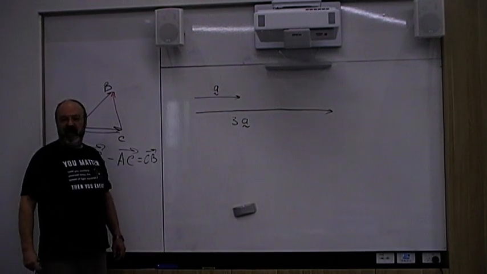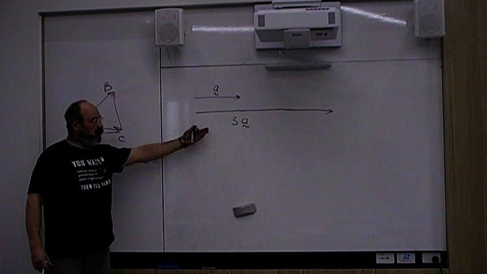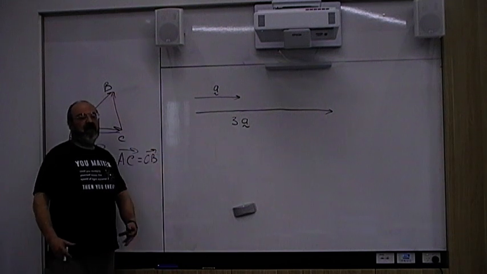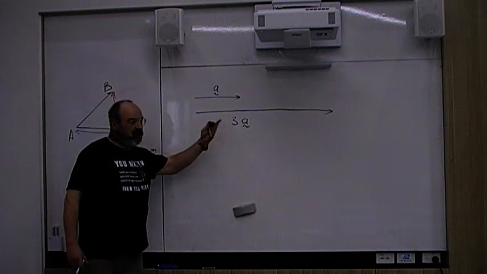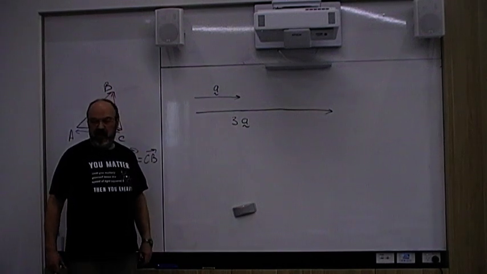So if you multiply a vector by a scalar, and scalar means just a number, we will get a vector of the same direction, just 3 times or whatever times longer.